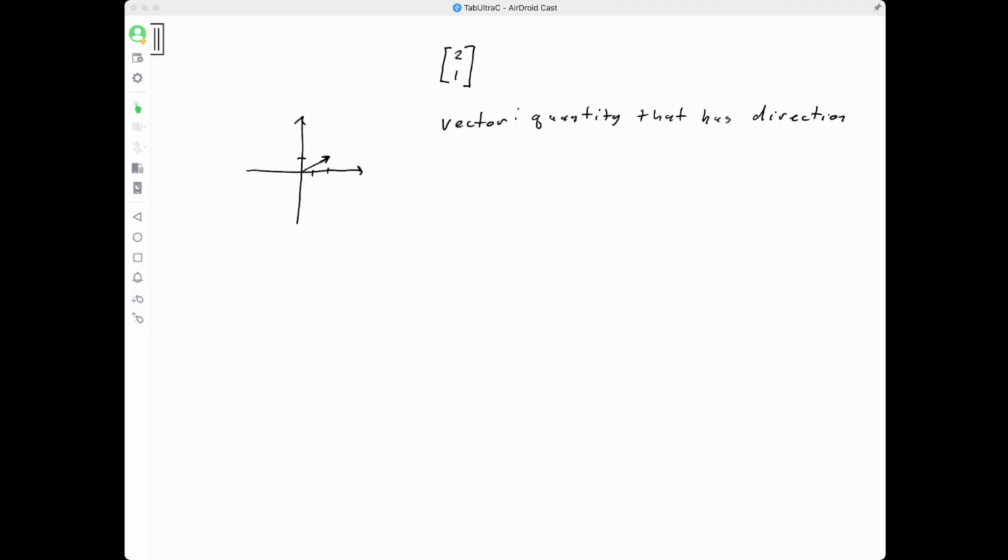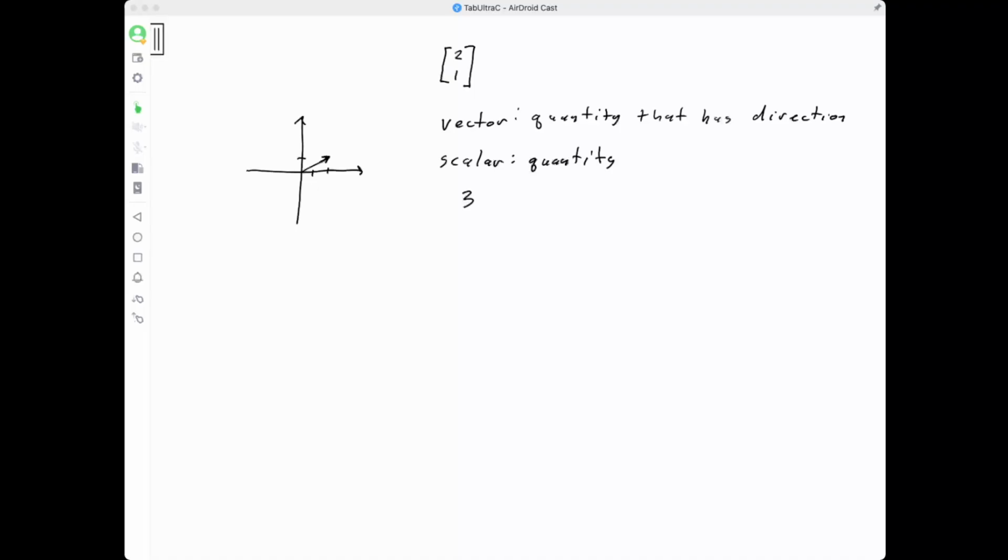And so this is how we typically think of a vector. A vector is like a number that has both a quantity and a direction. This is in contrast to the scalar. A scalar is just a quantity. And so this is what you're used to. A number like 3 is a scalar.